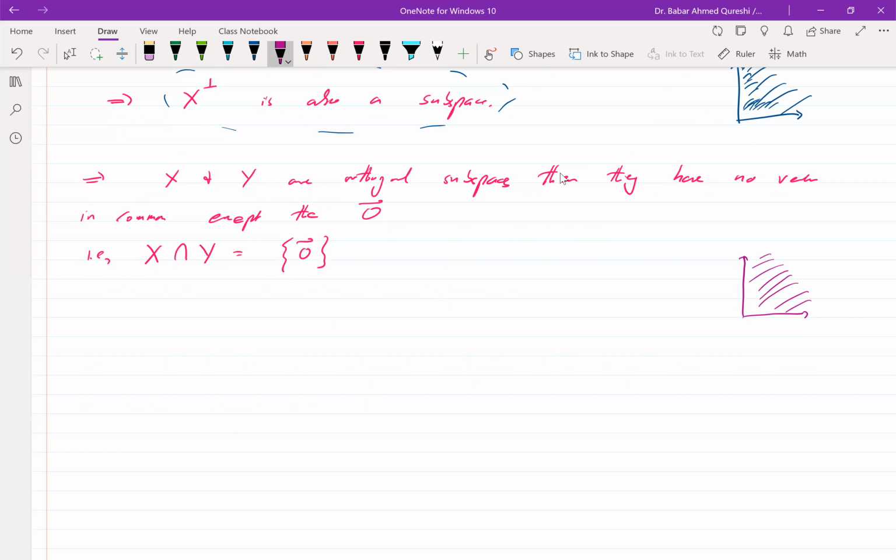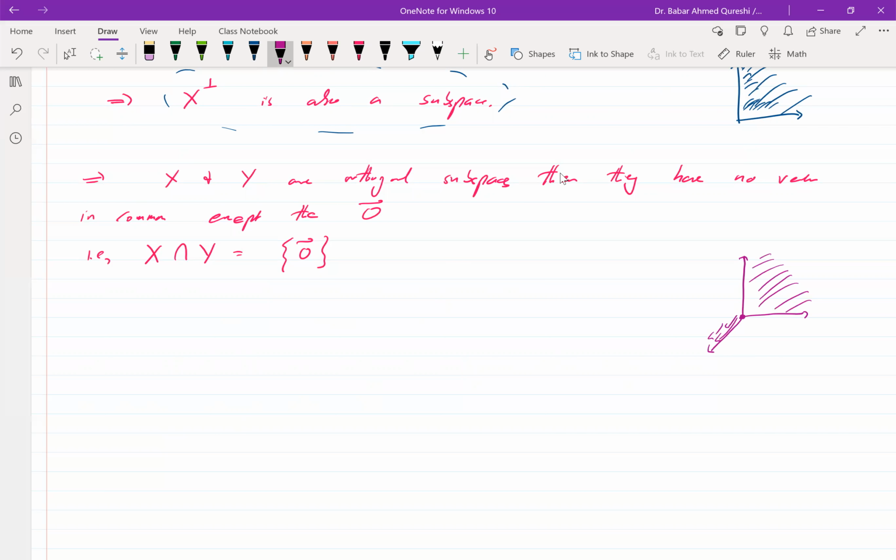If I consider the orthogonal complement, these vectors are not lying in this plane. Anything in this plane will not have a zero scalar product with itself. So the only thing in common is this point.